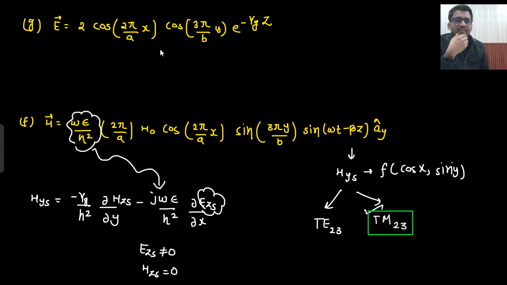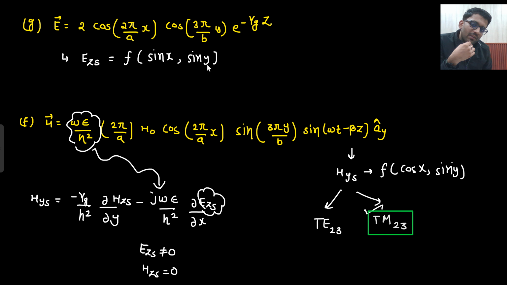Is this possible? Because what do I know is that my EZS is a function of sin x, sin y. What else I know? My EXS is a function of cos x, sin y.